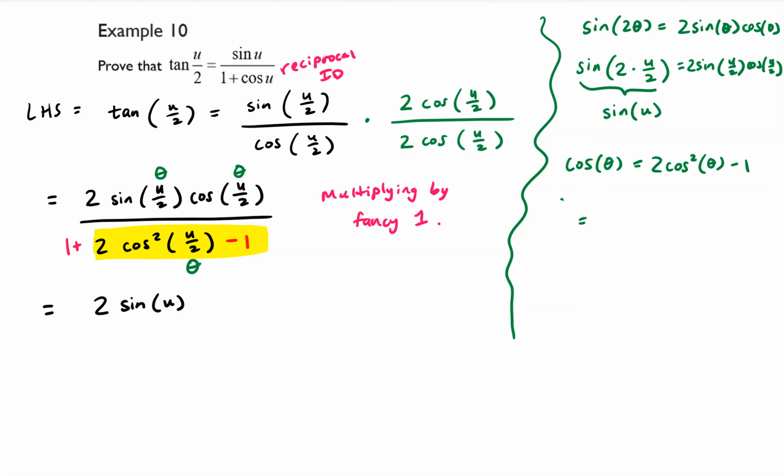So the left-hand side would be 2 cosine squared u over 2 minus 1, and then the right-hand side is going to be cosine of 2 times u over 2, which simplifies to just cosine of u. So we have 1 plus the highlighted thing becomes cosine of u.